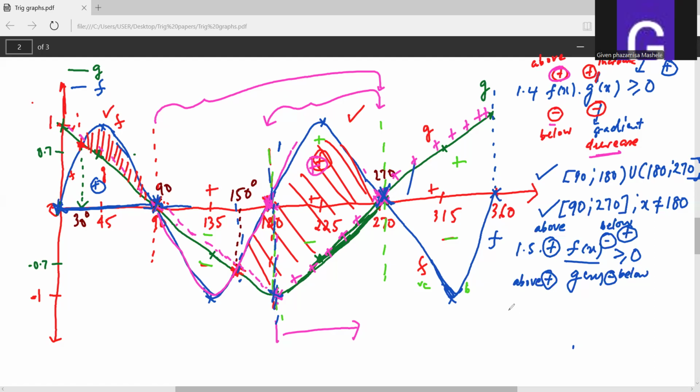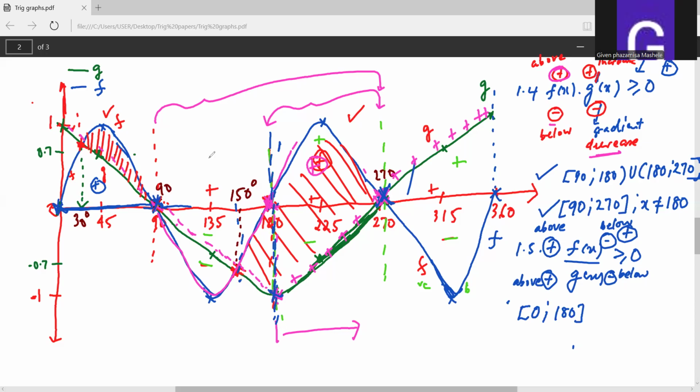So the answer is, including where they're actually equal, from 0 to 180 degrees inclusive.